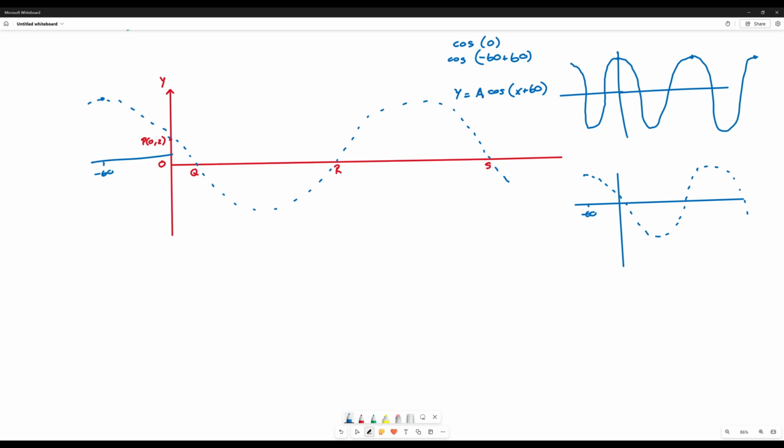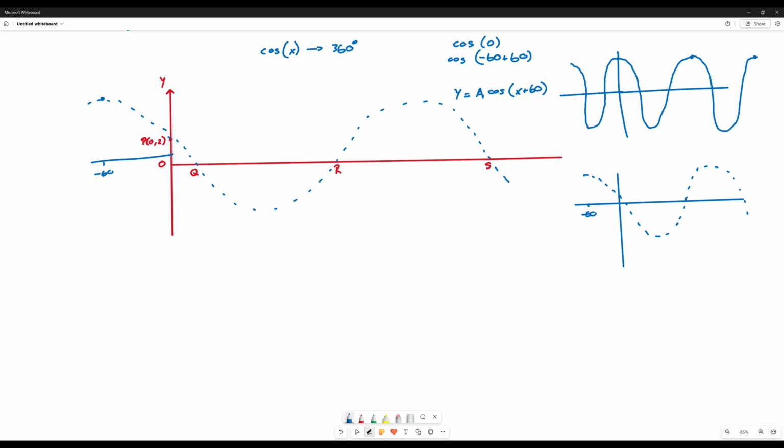Now the first question asked what A was. How would we do this? Because it's cos of x plus 60, I'm assuming, and I think I'm safe to assume this, that the period is still the same as just cos x. The period width changes with the number in front of the x, and if there's no number in front of the x, the period is 360 degrees.